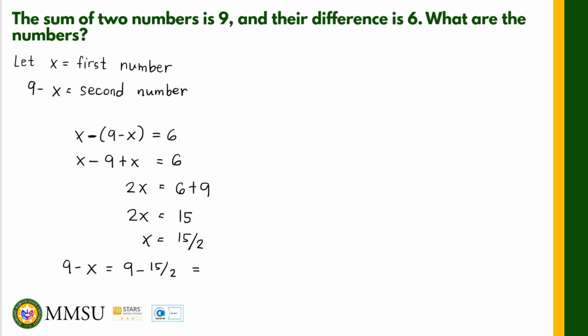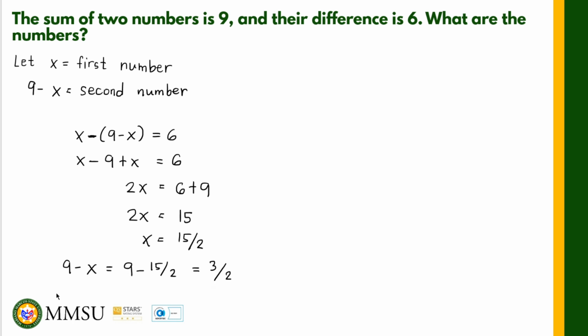What is 9 minus 15 over 2? 9 minus 15 over 2 is 3 over 2. Okay? So meron na tayong dalawang numbers. Okay, the first number is 15 over 2 and the second number is 3 over 2.